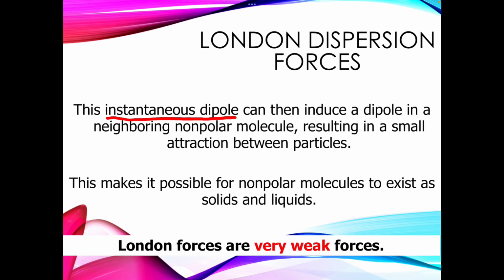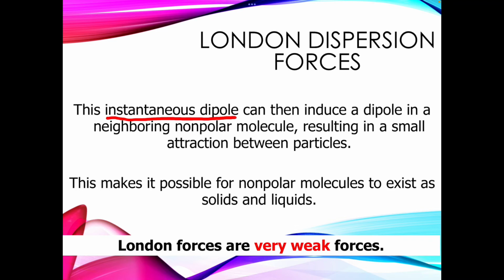When they make these instantaneous dipoles and induced dipoles, they get a small amount of attraction between our molecules or between our noble gases. That's why nonpolar molecules can exist as liquids and solids, because they do have small amounts of attraction between these molecules because of these London dispersion forces, these instantaneous dipoles.